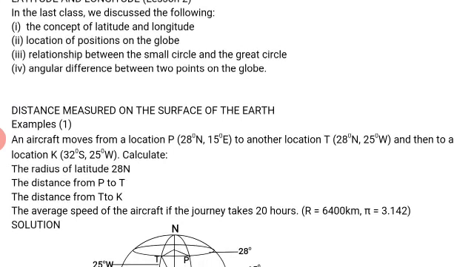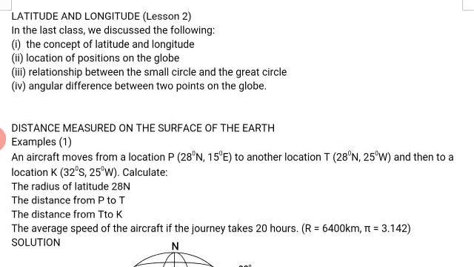We said that all parallels of latitude are small circles except the equator, which is a great circle, while all lines of longitude, which are called meridians, are great circles, and that the small circle is related to the great circle by r equals R cos alpha, where R is the radius of the earth and alpha is the angle of the given latitude.